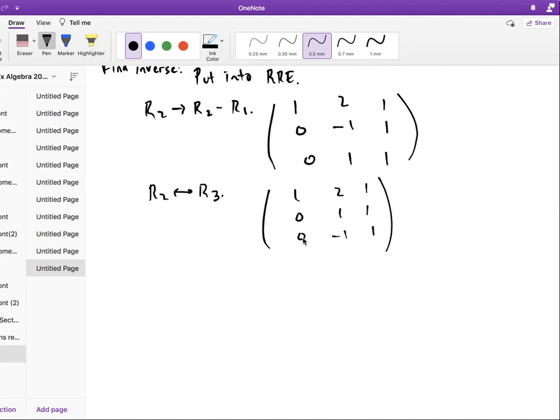So we swap row 2 and row 3, and then what do you do next? We want to get rid of this entry, right? Yeah, row 2 plus row 3. So row 3, 2. Oh, we could do it type 2. I think just getting rid of this would be better though. Row 3 plus row 2.